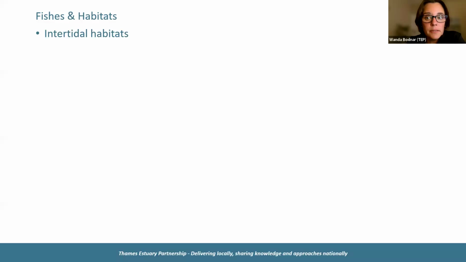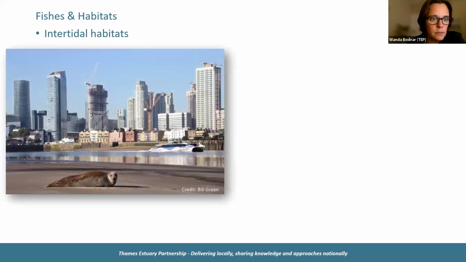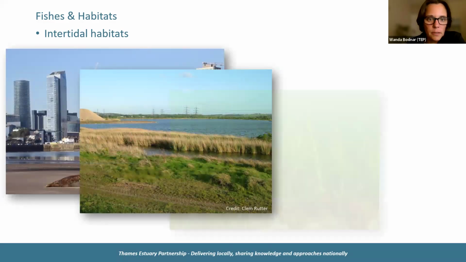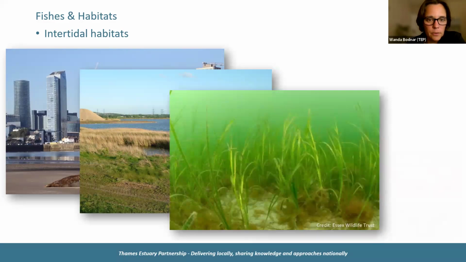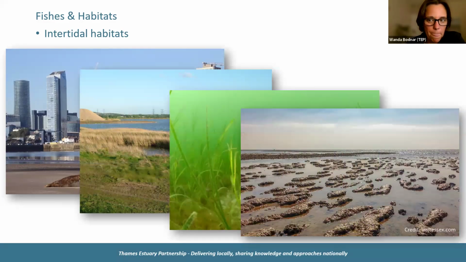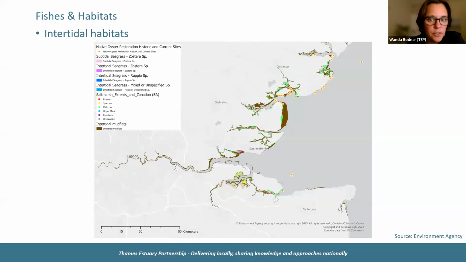Moving on to habitats in more detail. Today, the main types of intertidal habitats are mudflats, salt marshes, seagrass meadows, and oyster reefs. And this is just a map showing their current distribution, both along the Essex and Kent coast as well.